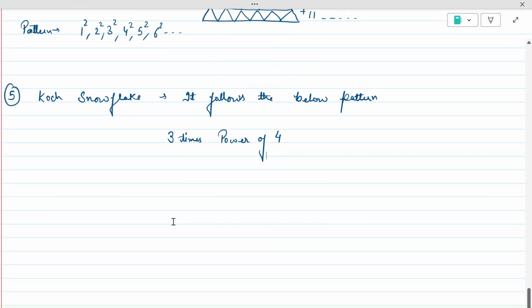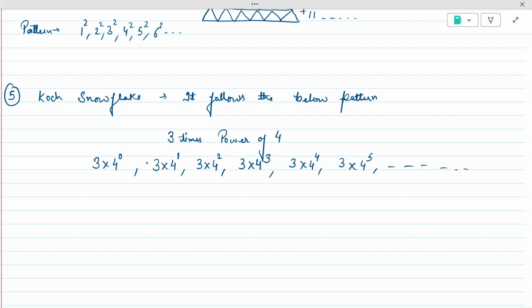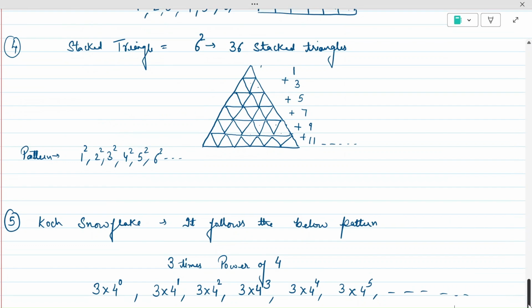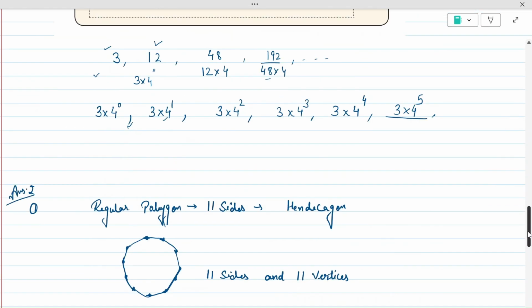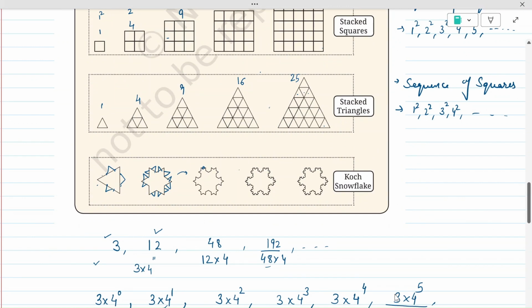That is 3 multiplied by 4 raised to the power 0, 3 multiplied by 4 raised to the power 1, next 3 multiplied by 4 raised to the power 2, next 3 multiplied by 4 raised to the power 3, 3 multiplied by 4 raised to the power 4, 3 multiplied by 4 raised to the power 5, and so on. This is the pattern it is following, and to draw this we will not be able to. It's a huge diagram which we cannot draw here. But we know how to make it, right?